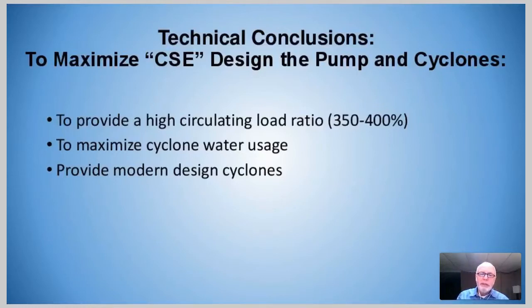That means minimizing the bypass of water and fines to the underflow. And thirdly, we want to use modern design cyclones, get better overall sharpness of separation, and be able to handle higher circulating loads and improve water balance with the same pumping equipment.